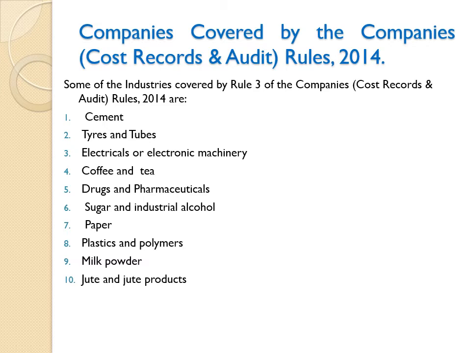So the cost audit is applicable to the following types of industries: cement industries, tires and tubes industries, electrical or electronic machinery companies, coffee and tea companies, drugs and pharmaceuticals, sugar and industrial alcohol, paper mills, plastic and polymers, milk powder, jute and jute products.